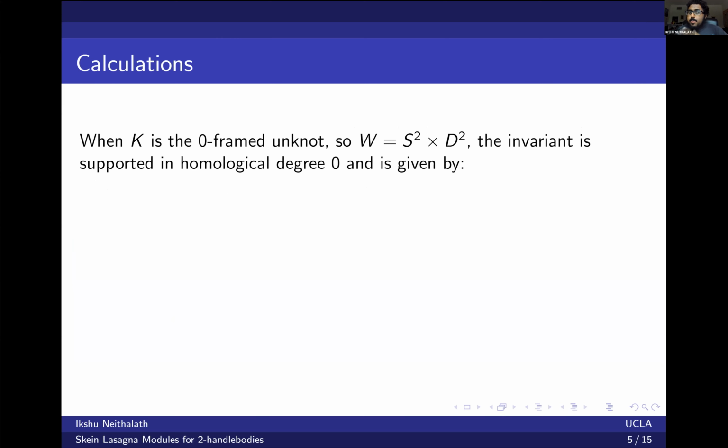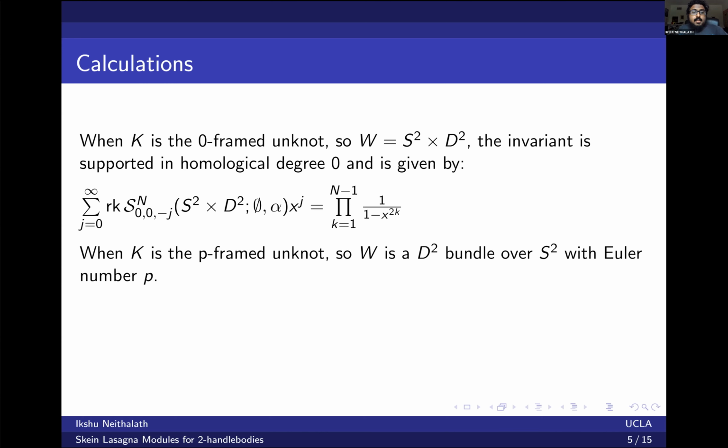I'm also going to have to compute some cobordisms between these unlinks, and it turns out they are just simple pair of pants type cobordisms, so the maps are also completely trivial to understand. So in this particular case, we can explicitly compute the ranks of the Skein Lasagna module. I've written the ranks as a generating function here, and we have an explicit formula for it.